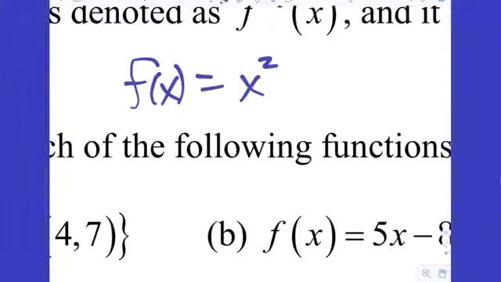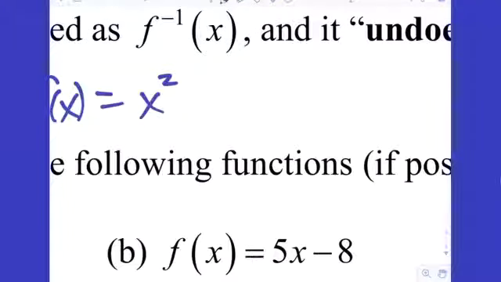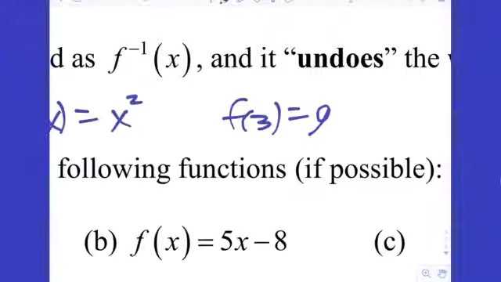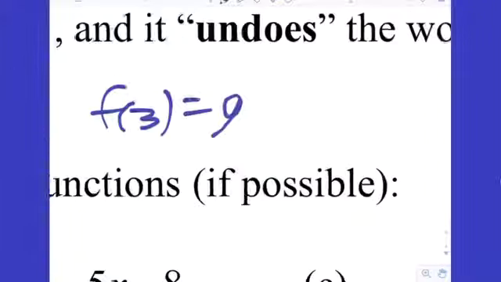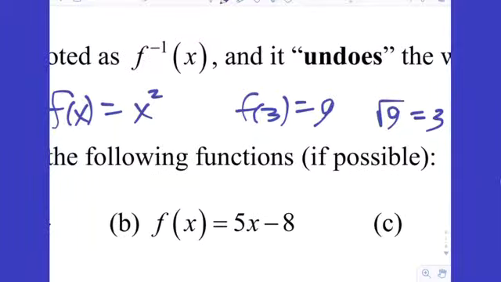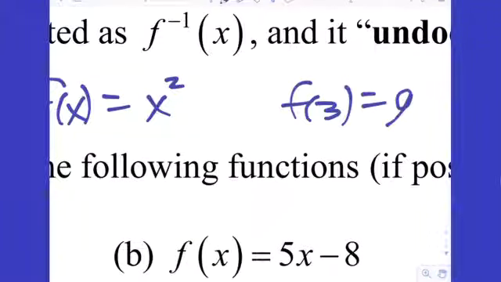If you plugged in a 3 and you got an output of 9, f of 3 would equal 9. The person on the other end would say, if I know you squared a number to get 9, I can now decode your 9 and get back your original 3 by simply taking the square root of 9 and getting 3. But is there another number that you could code and make it into a 9? A negative 3. f of negative 3 is also 9.